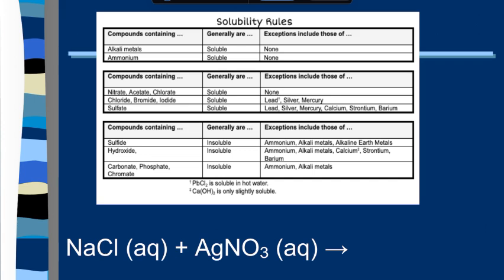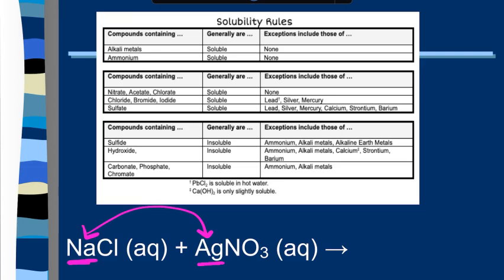Next, we have silver nitrate. So this is a nitrate, and as you can see, the nitrates are soluble with no exceptions. Therefore, silver nitrate is also aqueous. Now, for our products, what we're going to do is take that sodium and silver, and they're going to switch places. So sodium is now going to be bonded to nitrate.